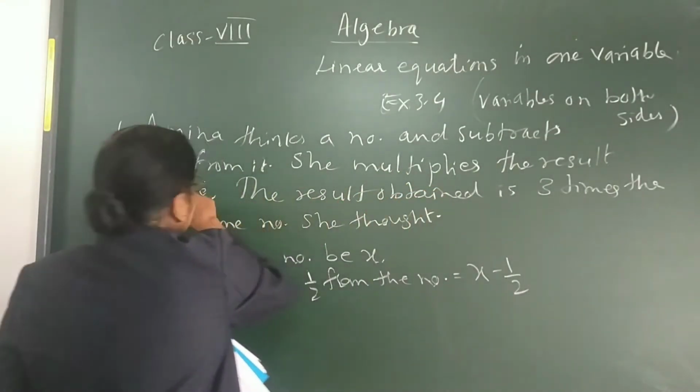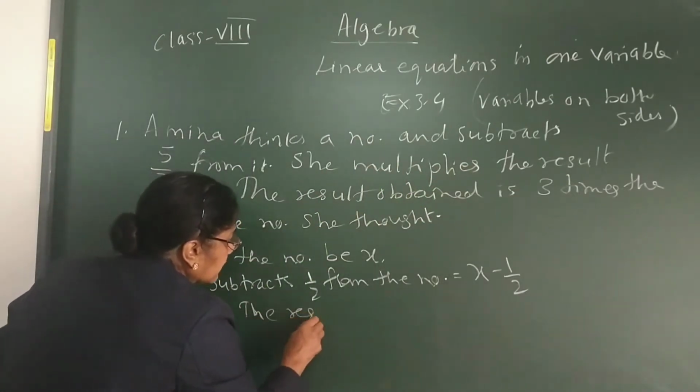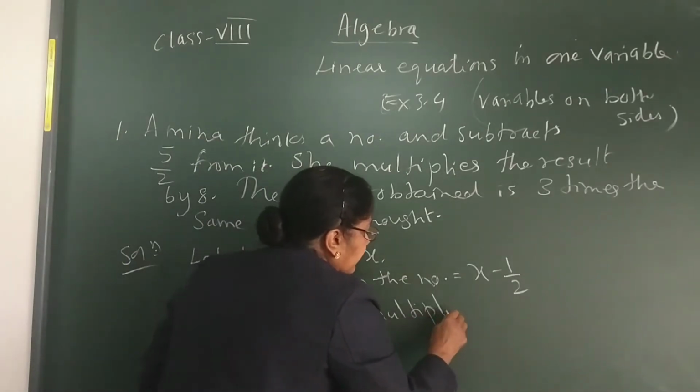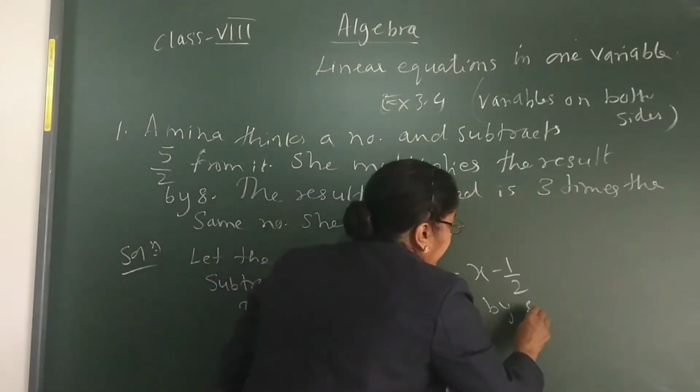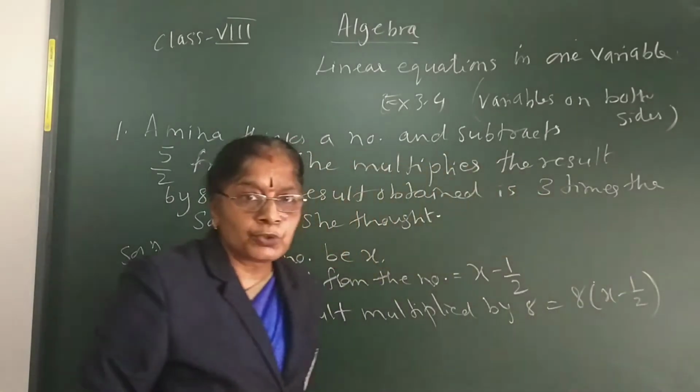And what she does next? She multiplies the result by 8. So what she will get? 8 into x minus 1 by 2.